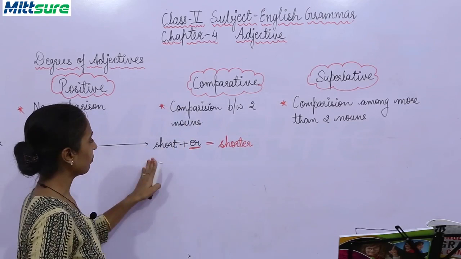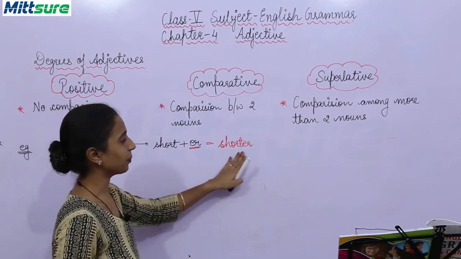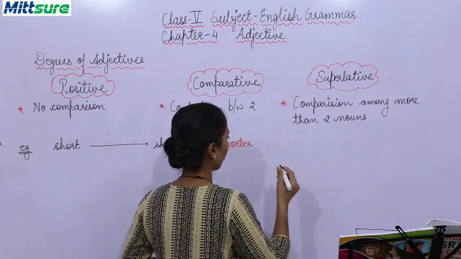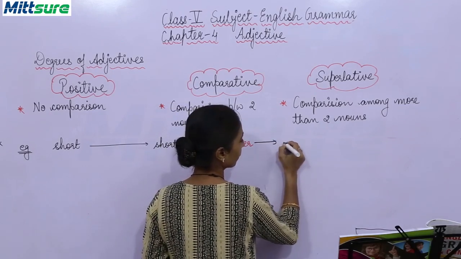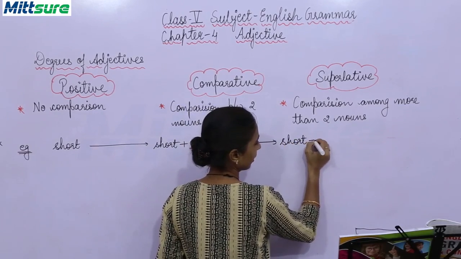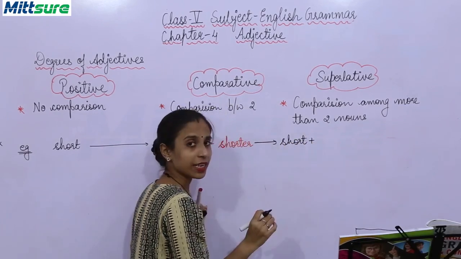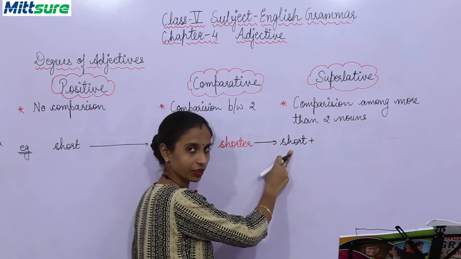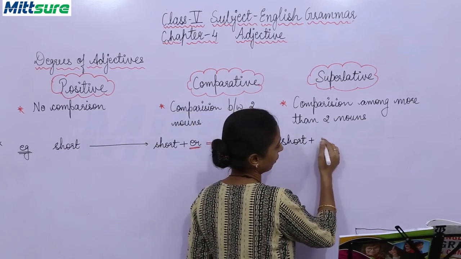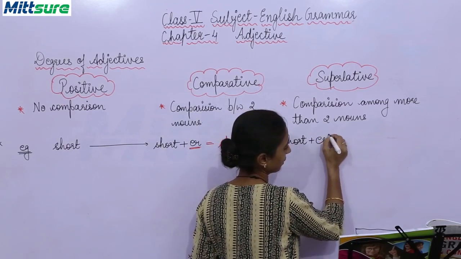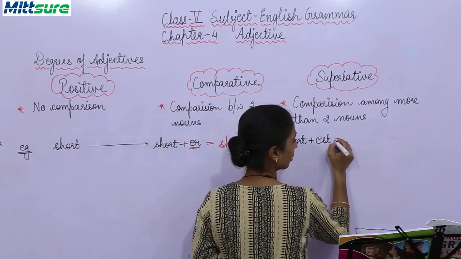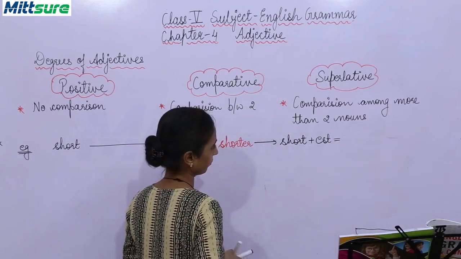Now, when we change to the superlative degree, what are we going to do? We are going to add est to the positive degree. And what are we going to get? Shortest.